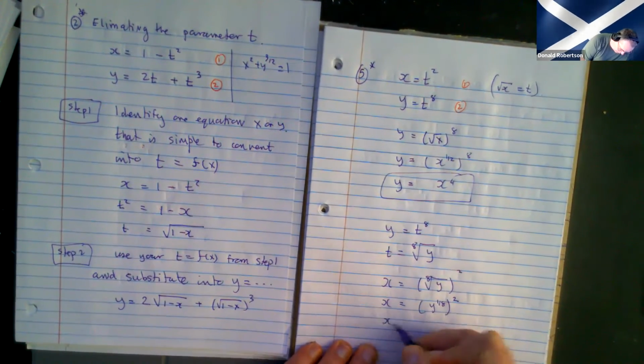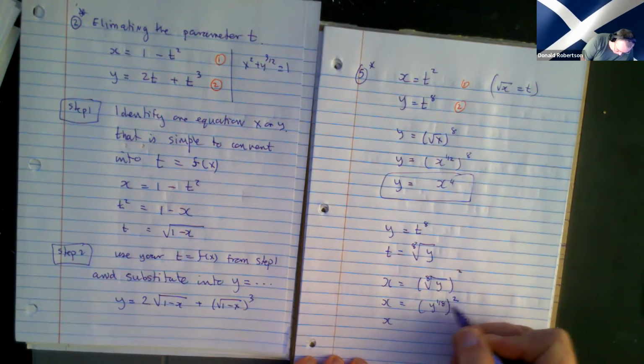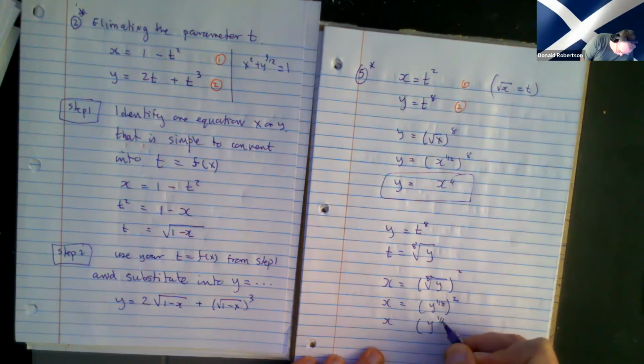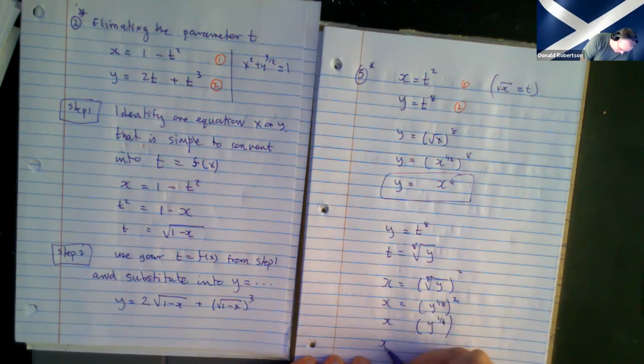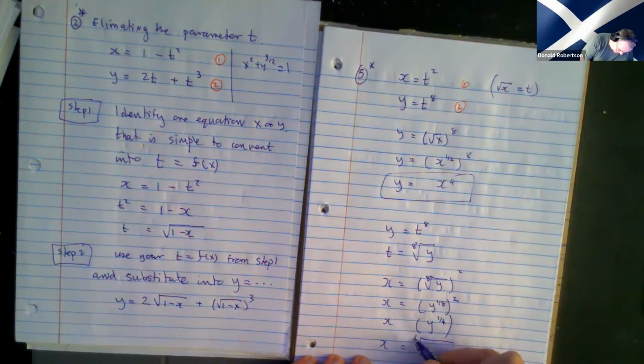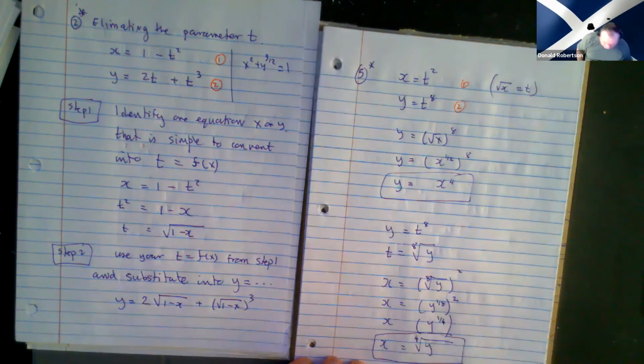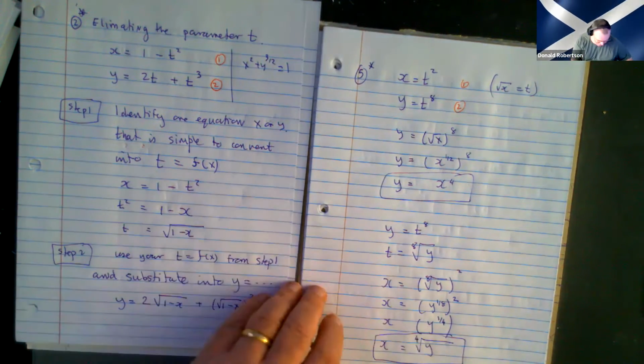If you raise something to a power, you multiply the exponents. So that would get you 2/8, which is a quarter. But in style points, you get that guy.